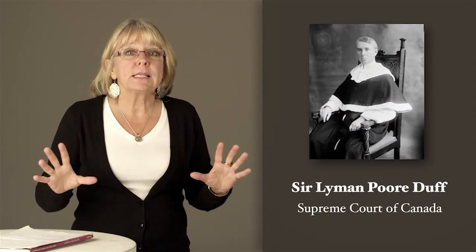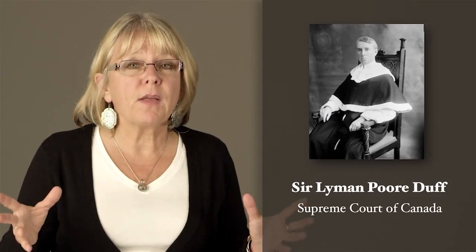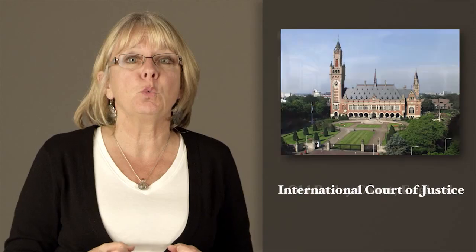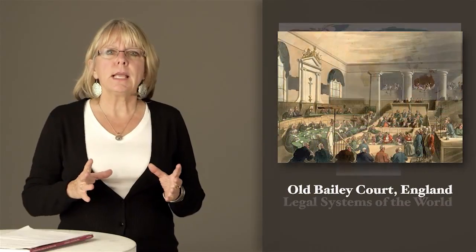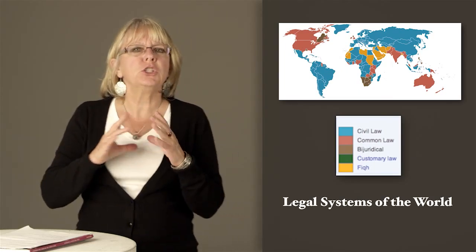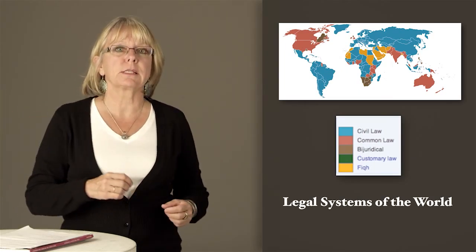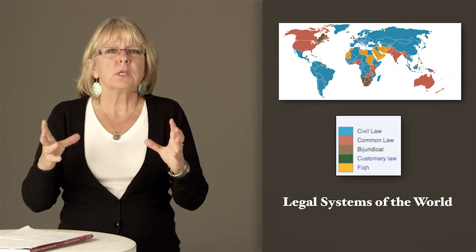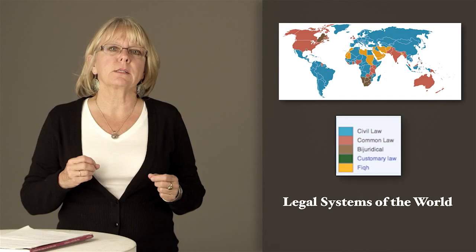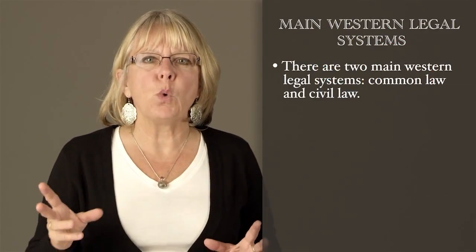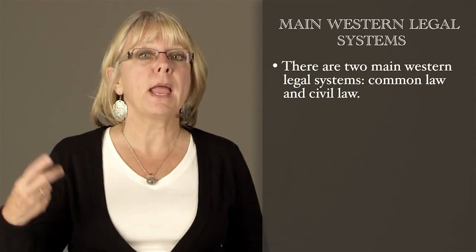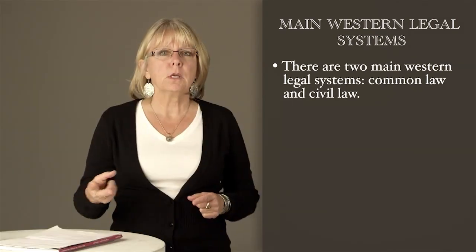Now, there are many systems of law. In fact, each country has its own unique and individual way of making and enforcing law. Yet, in the world, there are general categories of legal systems. These categories or groups share some characteristics. The two main Western legal ones are the common law system and the civil law system.